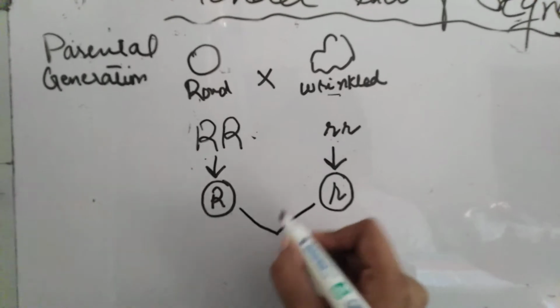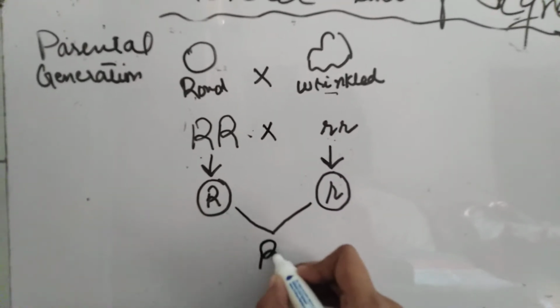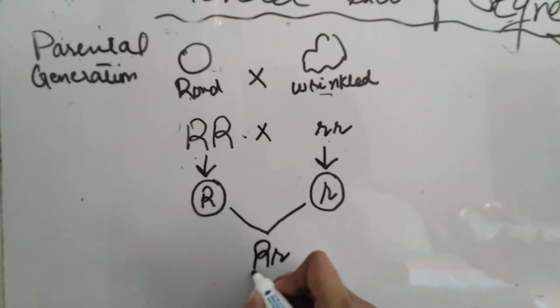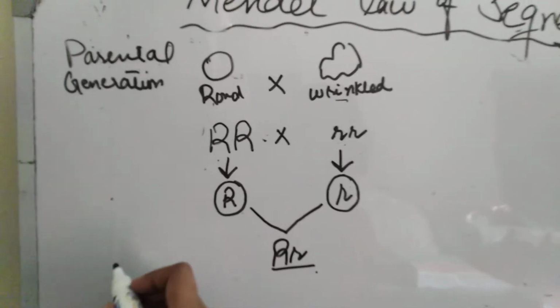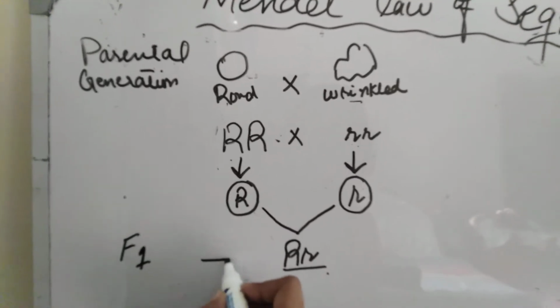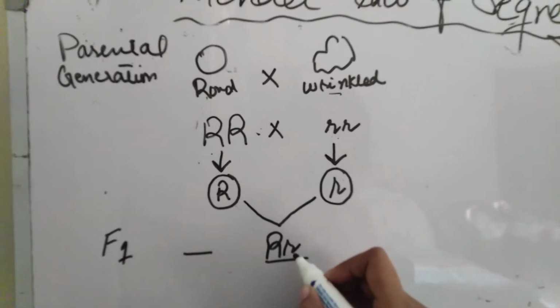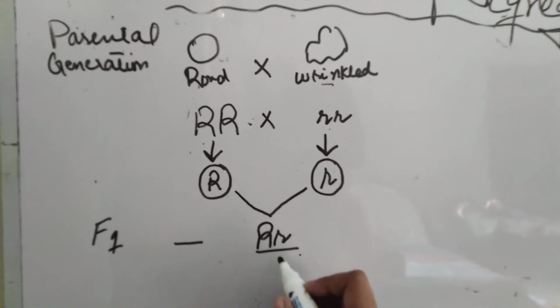Then after the cross, its offspring will be capital R and small r. This is the F1 generation, the first filial generation. These are also known as offspring. This is the genotype. Now you tell me what will be its phenotype.